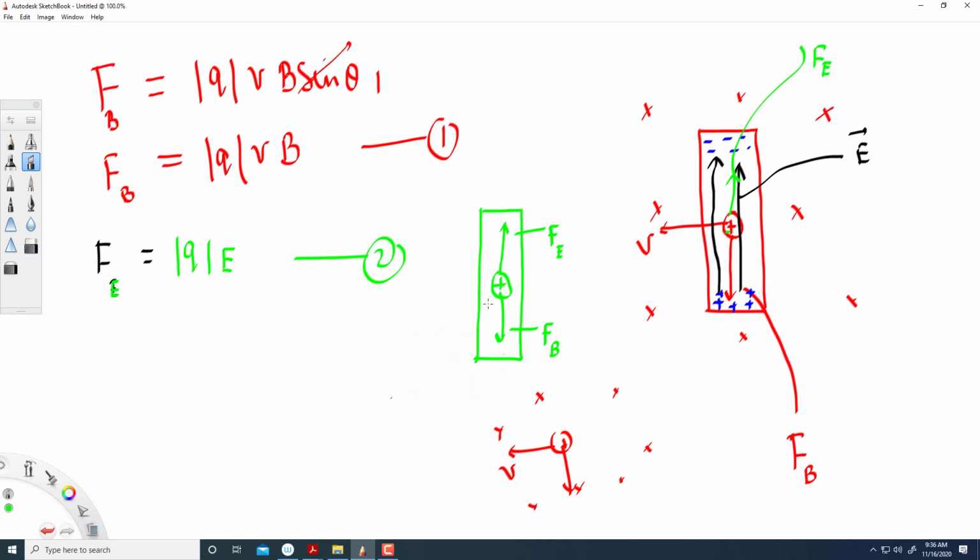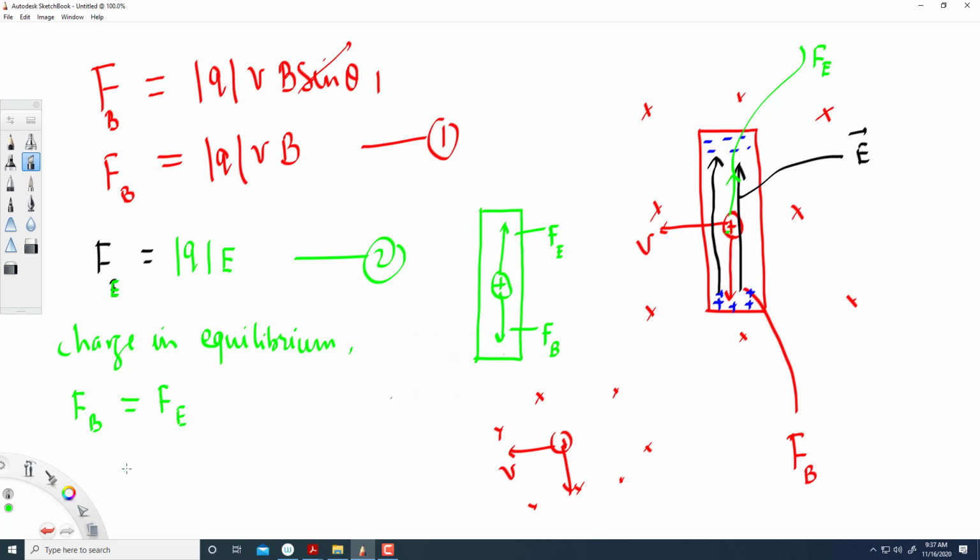They will not be equal in the beginning, but as more and more charges accumulate, the electric field will increase, and at some point the charge will be in equilibrium, meaning the upward force and downward force will be equal. So at equilibrium, Fb equals Fe. Then there won't be any more movement of the charge. The charge won't be separated anymore, so you will have maximum potential difference at that point.